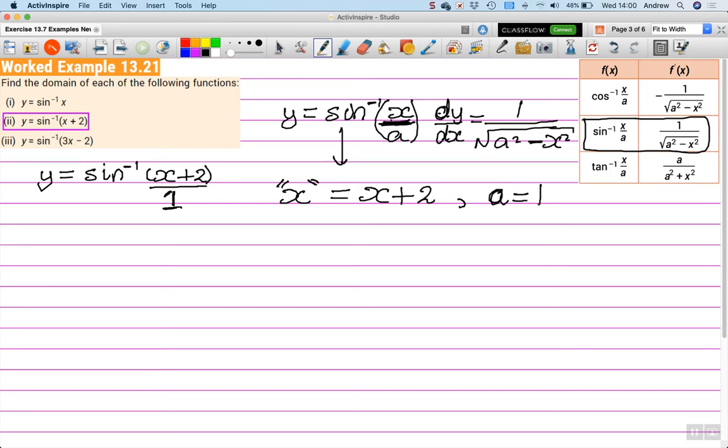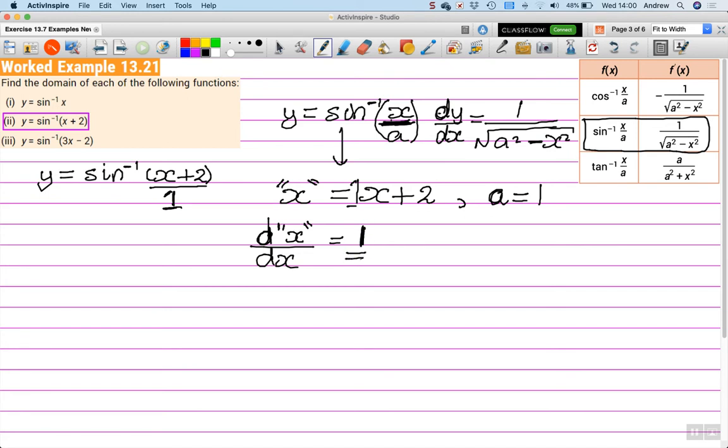What do we do with this x? So we've got the x written down, we've got the a is equal written down. And then what you've got to remember is you've got to work out the multiplying factor. And the multiplying factor is the differential of the inverted comma x with respect to x. And when we differentiate x, the number in front of x is technically a 1, so we end up with 1. We differentiate the plus 2, the answer is 0.